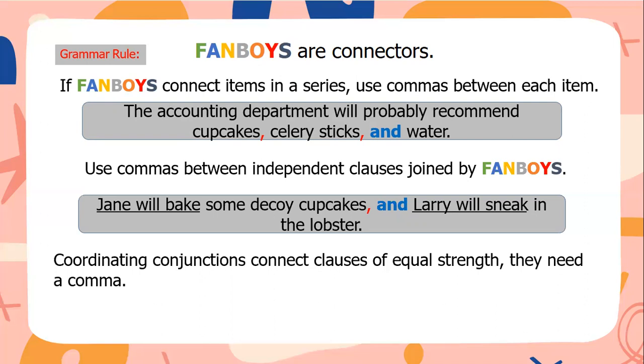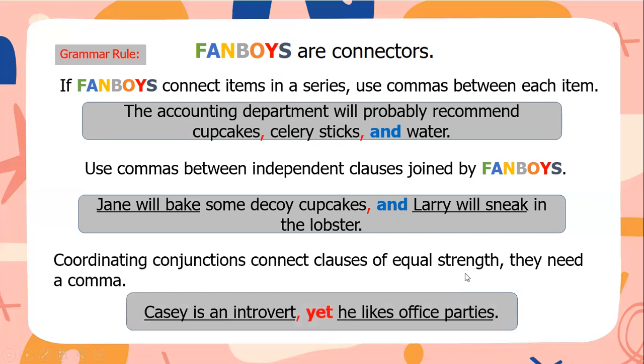That's when you get run-on sentences. Divide them using one of the fanboys. Coordinating conjunctions connect clauses of equal strength. They need a comma. Casey is an introvert, yet he likes office parties.